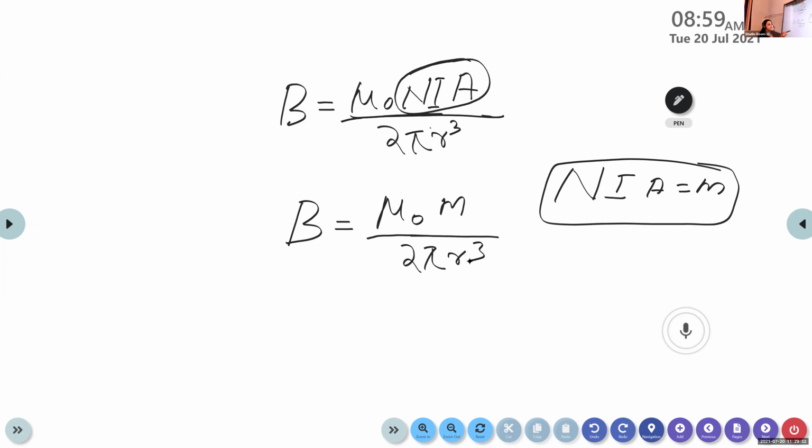So we are going to multiply 2 in the numerator and the denominator, in order to compare this magnetic field produced in magnetics with that of the electric field in electrostatics.